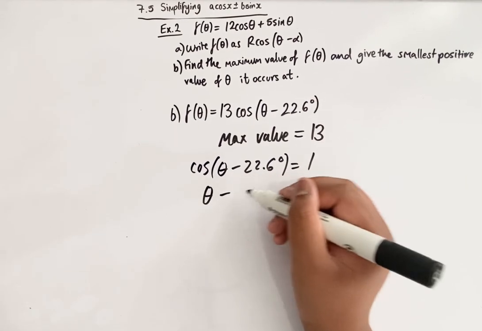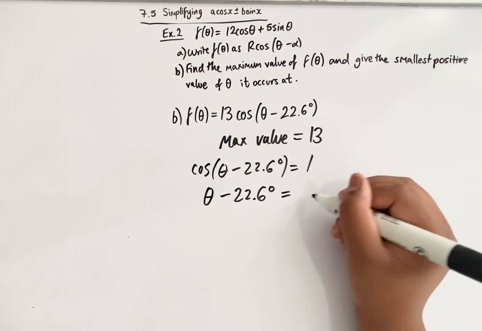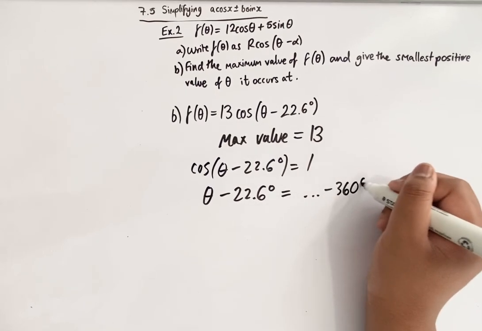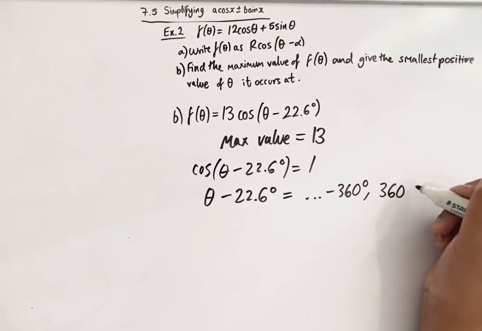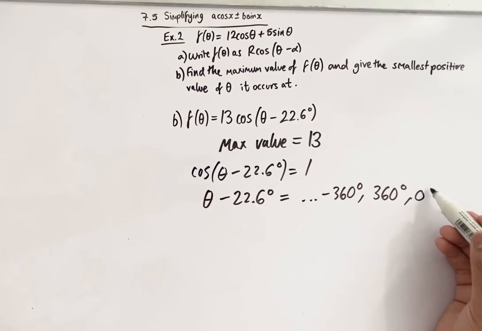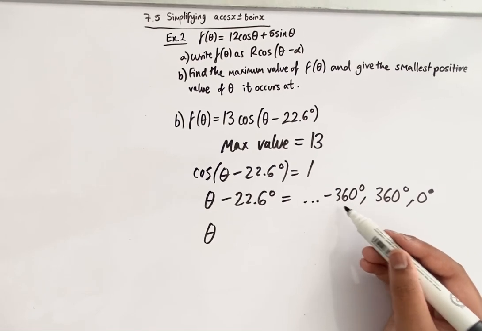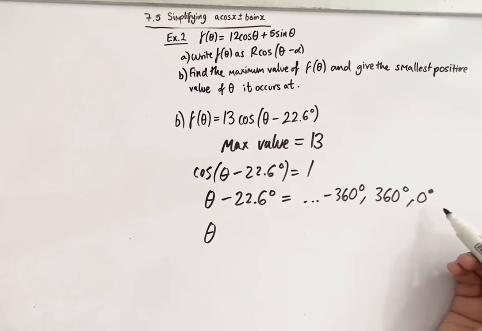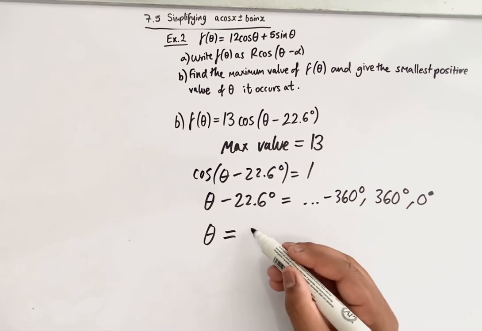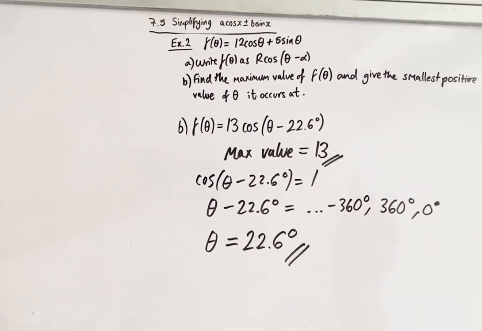So theta minus 22.6 degrees is either minus 360 degrees, 360, 0, etc. The smallest value of theta will happen for not adding to minus 360 degrees or adding to 360, but when you add to 0. So theta is equal to 22.6 degrees. And that's about it.